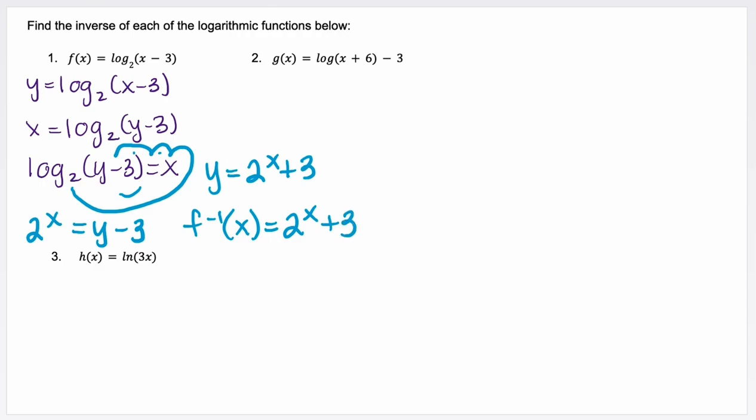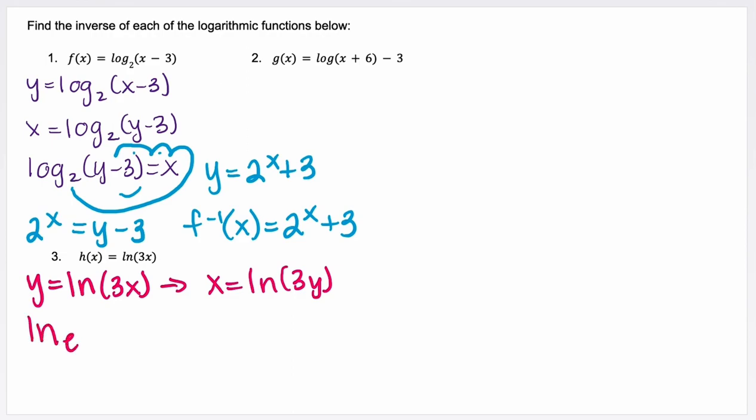And then number 3, I'm going to try this one as well. So I'm going to go ahead and rewrite this as y equals ln of 3x. And then I'm going to flip my x and my y. Now, in order to convert a natural log to an exponential, you have to identify the base here, and the base is e on that natural log. So it would be log base e of 3y equals x.